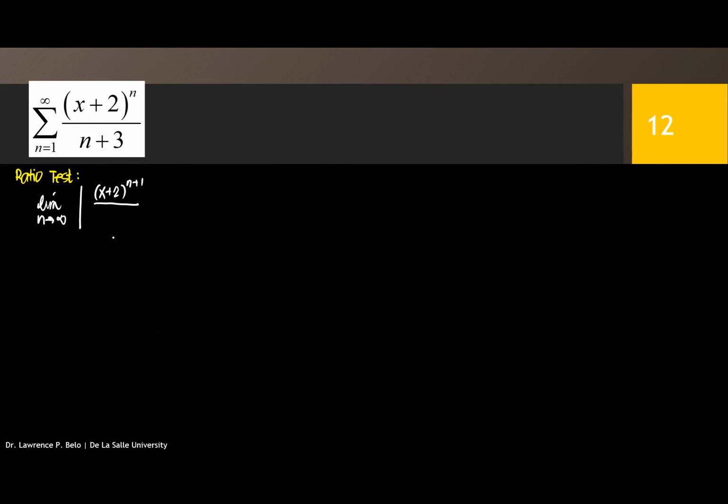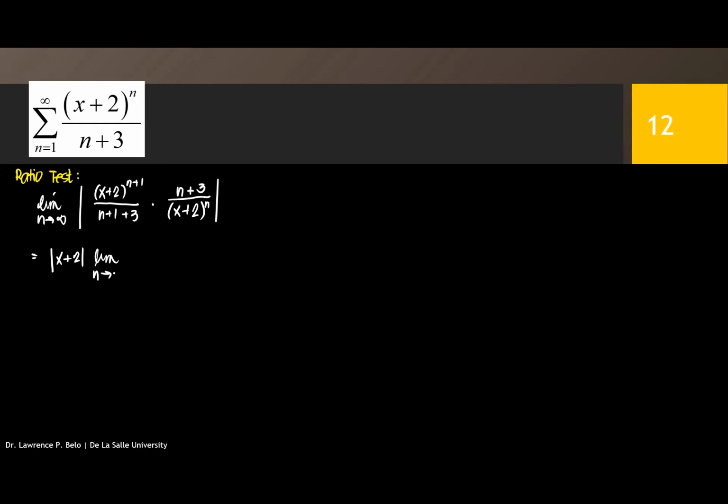At the bottom, this becomes n plus 1 plus 3, times the original, but then times 3 divided by the original. So let's multiply it with the reciprocal instead. (n plus 3) all over (x plus 2) to the n. What you can say is that those x's, I can bring them out. That becomes the absolute value of x plus 2.